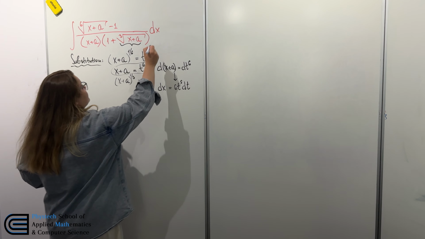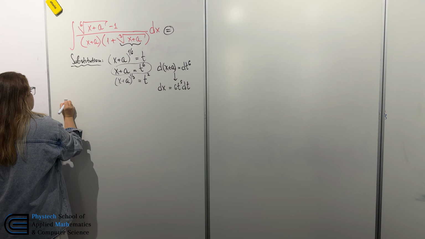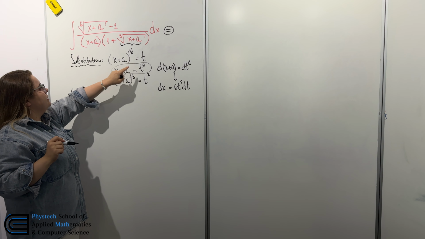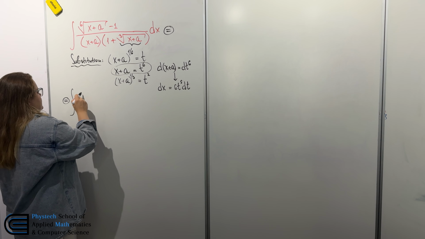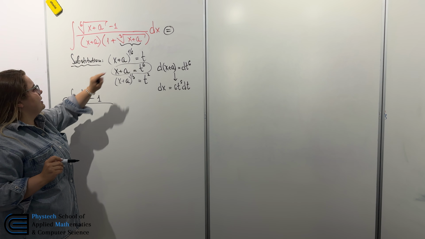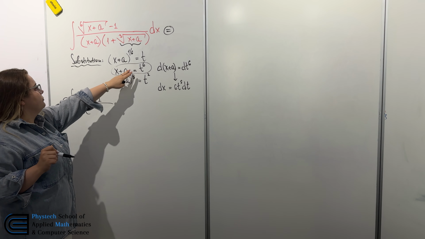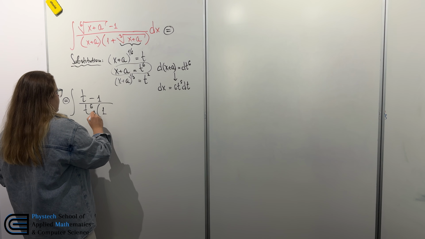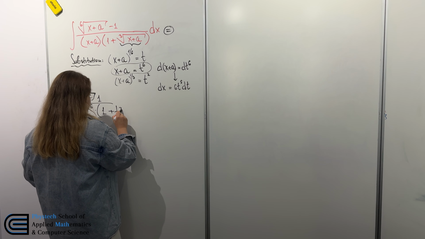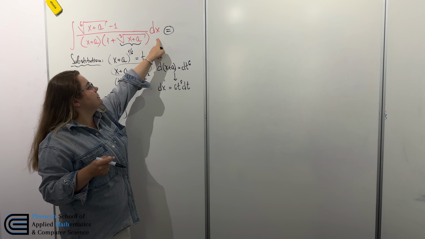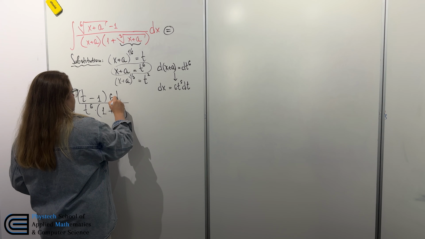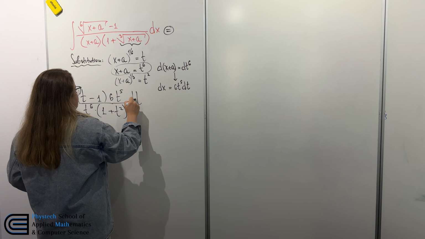Now we can do our substitution, and what we will obtain: x plus a to the power of 1 divided by 6 equals t minus 1. Then x plus a equals t to the power of 6. Then we have 1 plus t squared. And of course dx, which equals 6 multiplied by t to the power of 5 dt.